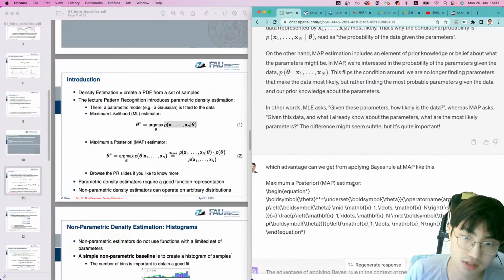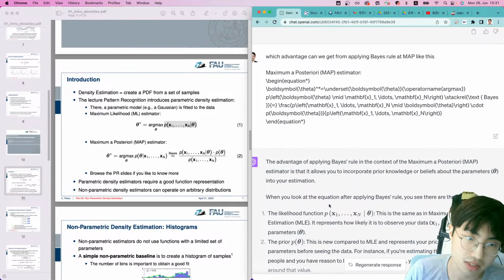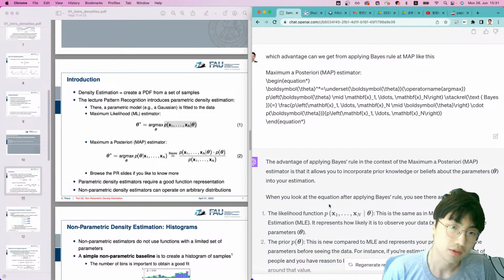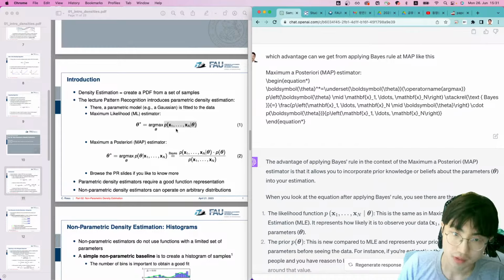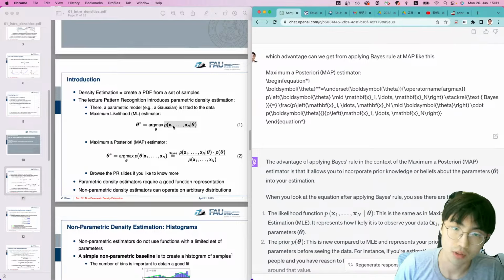So let's recap the maximum likelihood estimator and the maximum a posteriori estimator. It is basically finding the parameter zeta which maximizes this probability. In the analogy, zeta is our recipe for the soup, and x1 to xn is the taste of the soup.